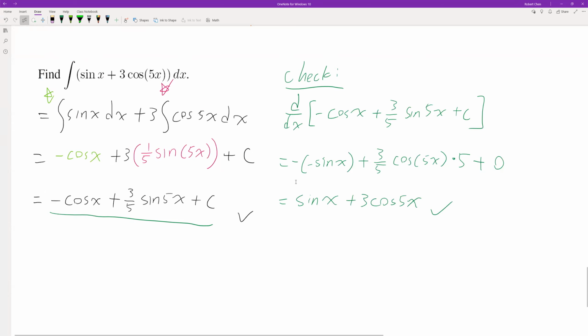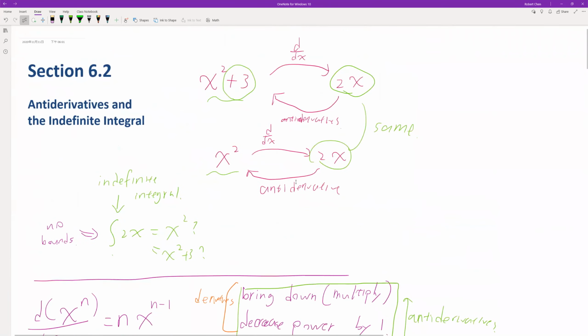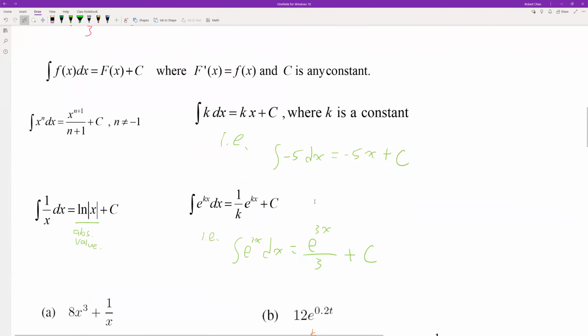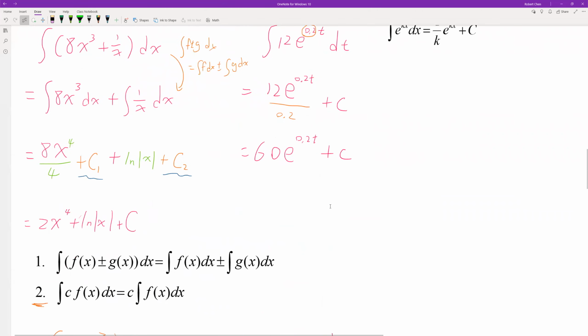All right, and that will be all for 6.2. Now, this is one section where it requires a lot of practice, a lot of problems, to get used to all these rules. I know this is a lot of rules I'm throwing at you, but have it next to you at all times, and after a while, you will get used to these rules without having to look at the notes.